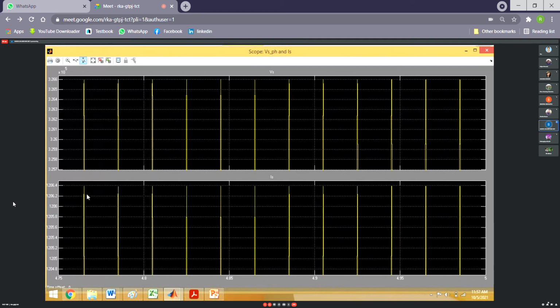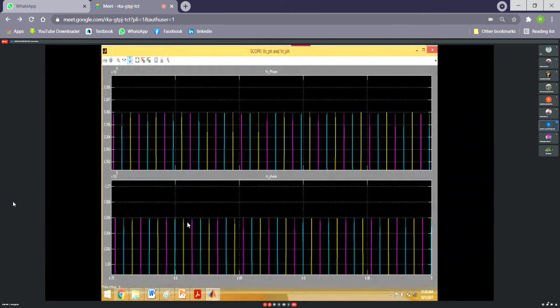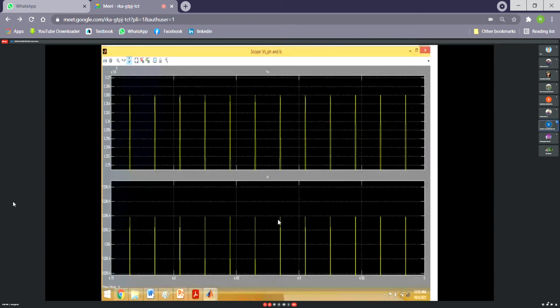This 1206.4 is the peak value of sending end current. From there you can also calculate the RMS current. You verify the results in your report. Have you noted the peak value of sending end current? Yes, ma'am. Okay, that also I have shown here. This is voltage, and this is the current. But you have no need to copy, you have already copied, this is only for your verification.